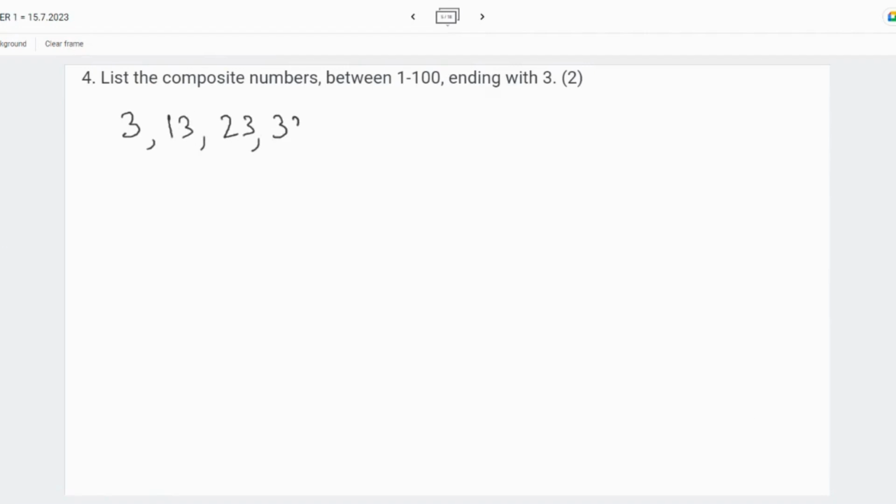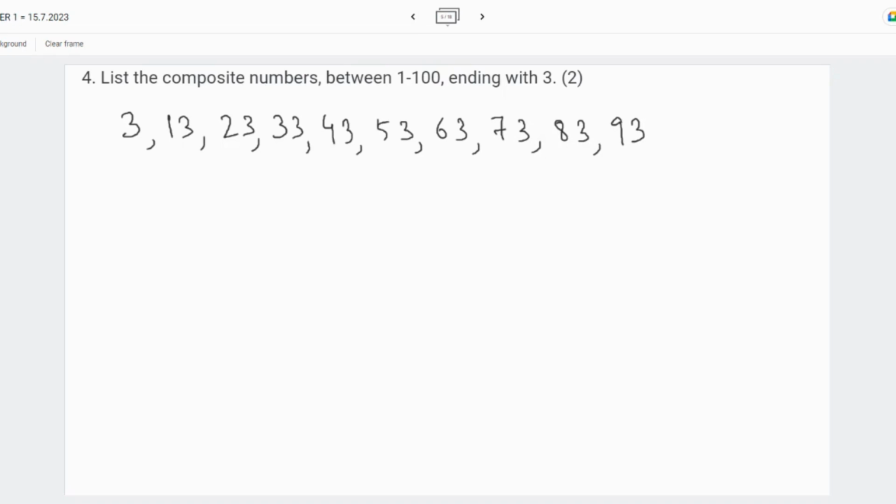List the composite numbers between 1 to 100 ending with 3. This is very easy. We just have to list all the numbers which end with 3. So 3, 13, 23, 33, 43, 53, 63, 73, 83 and 93.